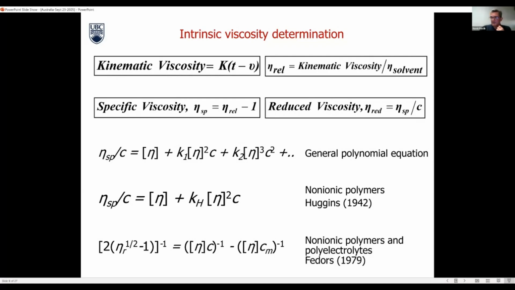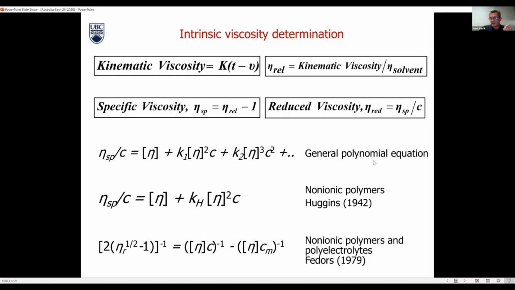And then there are a number of equations that allow you to calculate the intrinsic viscosity. The general polynomial equation is essentially a polynomial function of different powers of concentration. You can have many terms, typically 3 or 4 are enough to describe the relationship between the reduced viscosity and concentration.